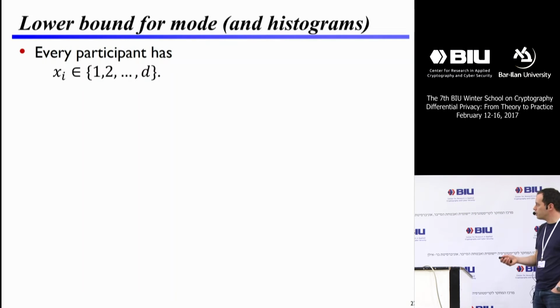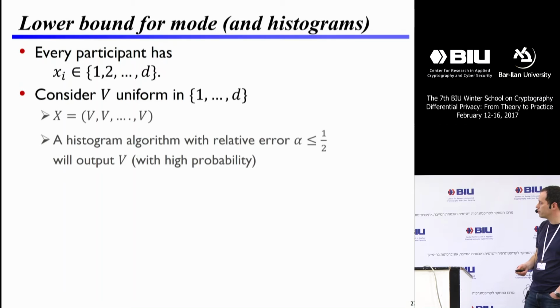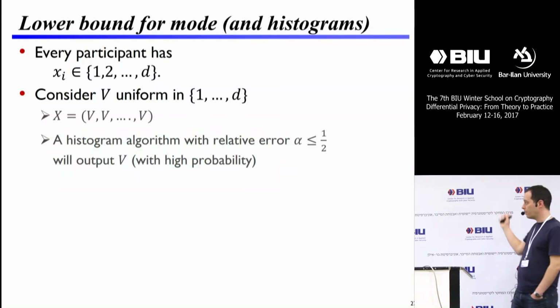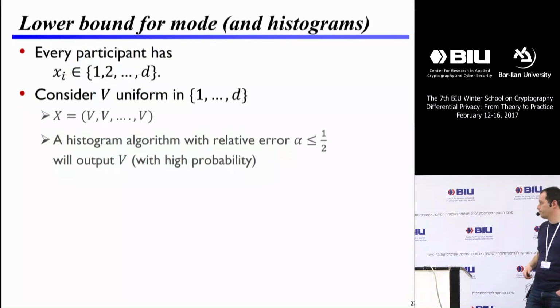Okay. So, just a reminder of what's going on: each participant has a number between 1 and d, and you want to know the approximate histogram of these values. So what we're going to do is construct a data set by picking a random value v between 1 and d, picking a single bin, and putting everybody in that bin, right?